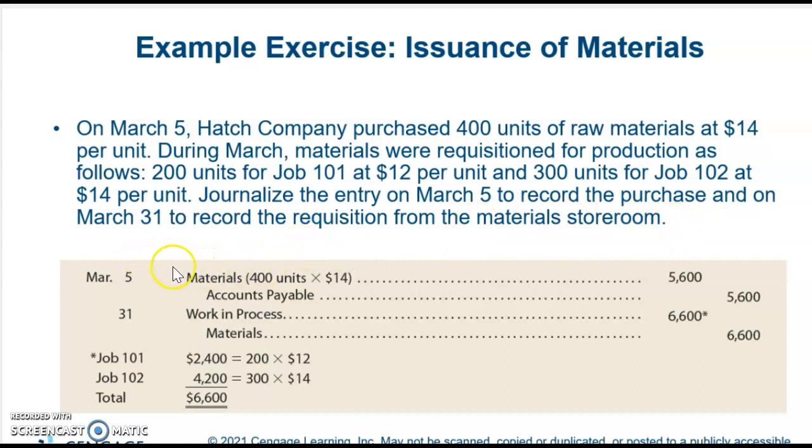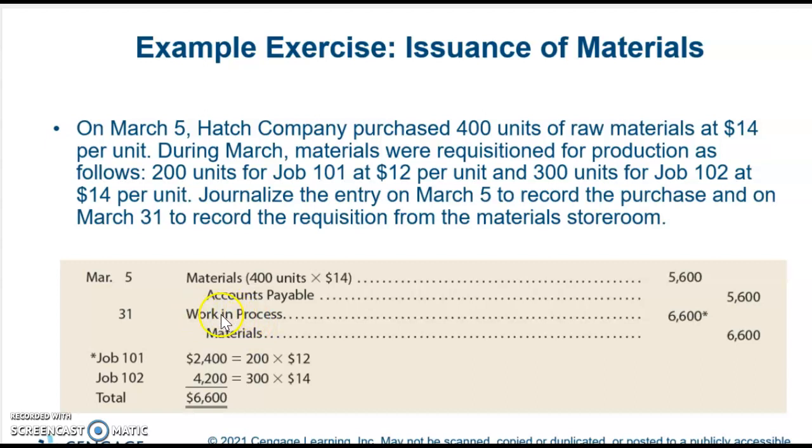So when you purchase the materials, assume that it's always going to be on account unless it says paid with cash. But here it just says we purchased it. So you're going to debit materials and credit accounts payable at cost, the 400 times 14. Then when the materials are requisitioned, we're going to credit materials and put it into work in process.